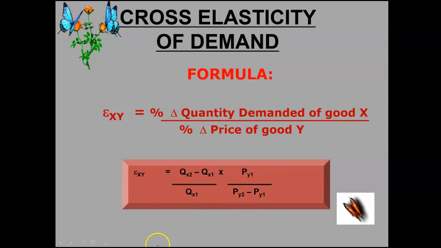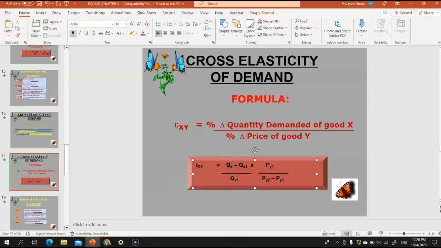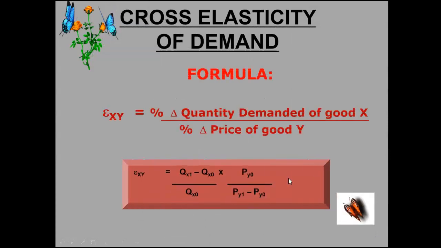Satu lagi, kamu confuse, kita buat Q1 lah, kita konsistenkan dengan yang awal-awal tadi supaya kamu tak keliru. Okay, ini adalah kuantiti barang X dan ini adalah harga barang Y. Sama juga, Q1, Q0, P1, P0. Cuma ini adalah kuantiti barang lain, ini adalah harga barang lain. Itu dapatkan cross elasticity of demand.